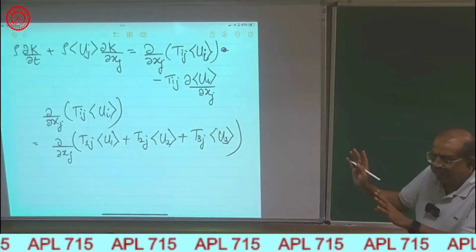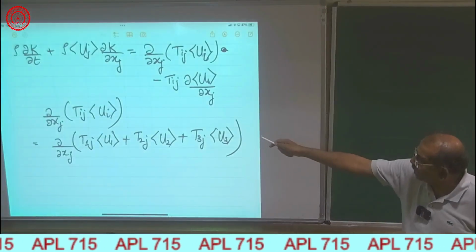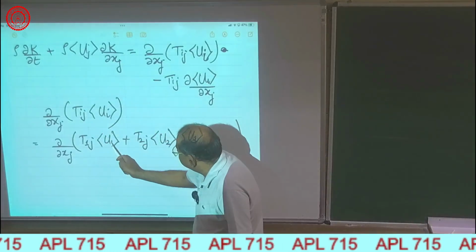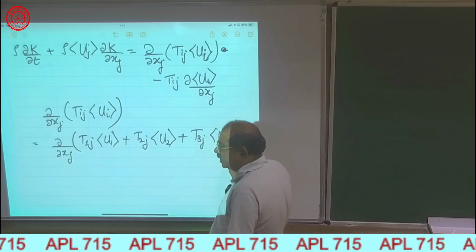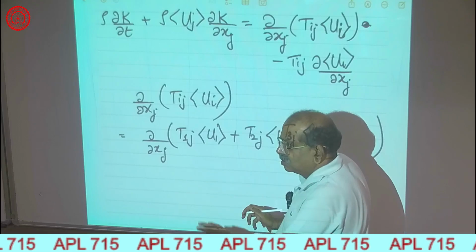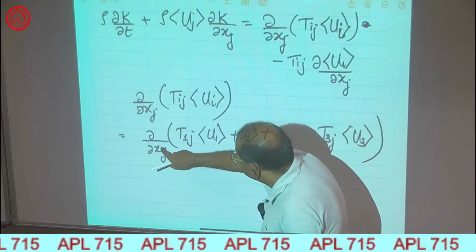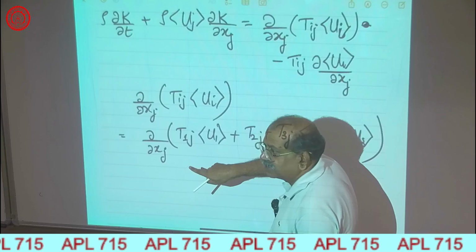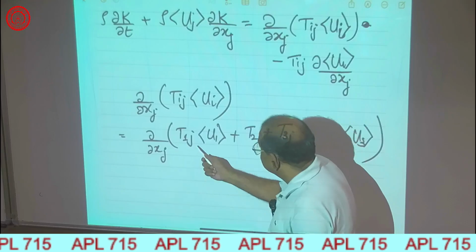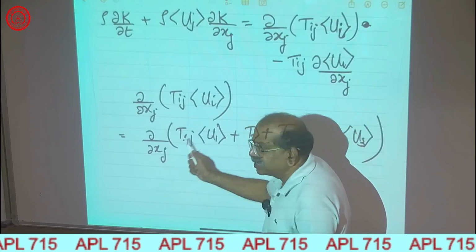Is everybody with me? We have summed upon i. So wherever there was i, I write it as 1, 2, 3, and leave the j as it is. Now, d by dxj of T1j will again contain 3 terms, when j is 1, when j is 2, when j is 3.